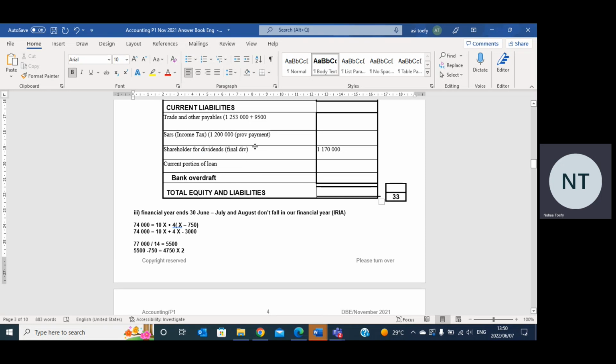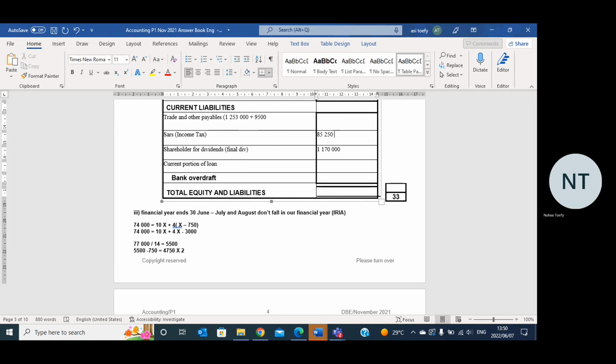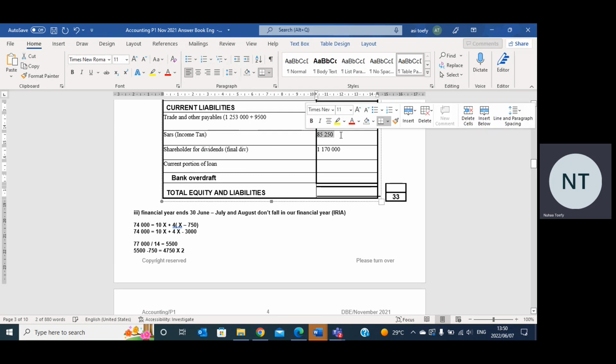And there you didn't even need your provisional payment because they're telling you that 85,250 is owed to SARS, right? So it's telling you that that is owed to SARS. Hope that makes sense. They're not saying that your tax was a certain amount. They're literally telling you this is owed to SARS.